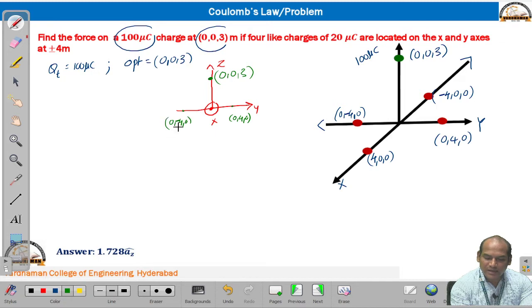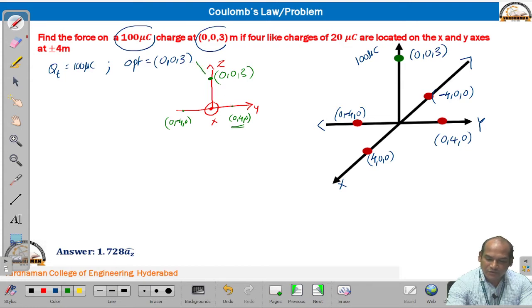I am not talking about the x axis now. On the x axis also, at 4, 0, 0 and minus 4, 0, 0, 2 charges are available. Those are available like this only. For the time being I am not talking about that one. Now I am talking about the 2 charges available on the y axis. If you assume the charge which is available at 0, 4, 0 only, due to that particular charge, what is the force direction?